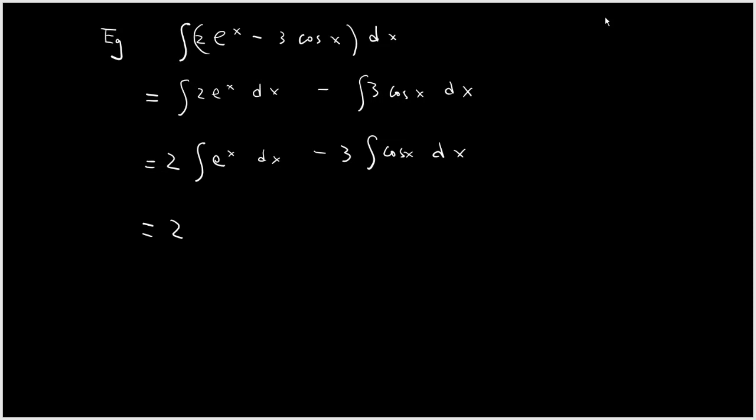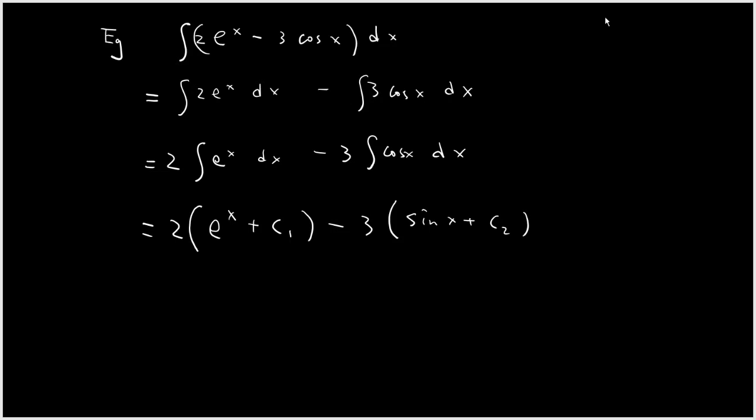You know the indefinite integral of e to the power of x is e to the power of x, plus an arbitrary constant c1. And then you also have minus 3 times the indefinite integral of cos of x, which is equal to sine of x, plus c2.